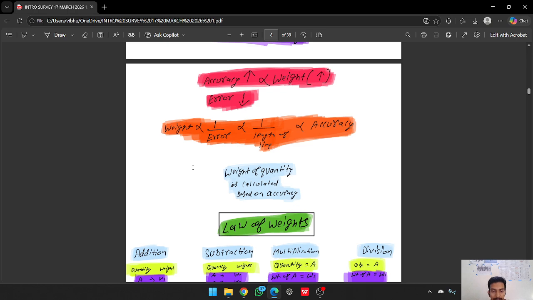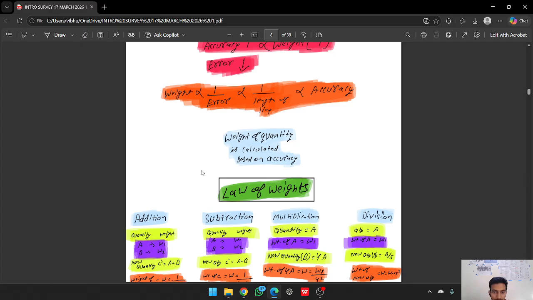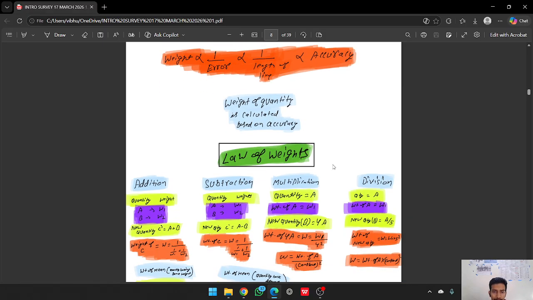If we increase the length of the line or wire, we get more error, or accuracy will vary. That's why it is inversely proportional to the length of the line. Weight of a quantity is calculated based on accuracy.